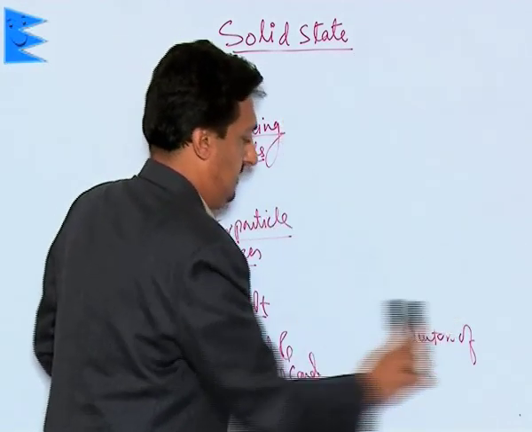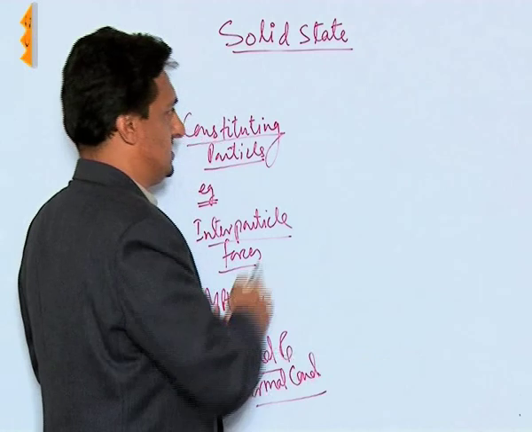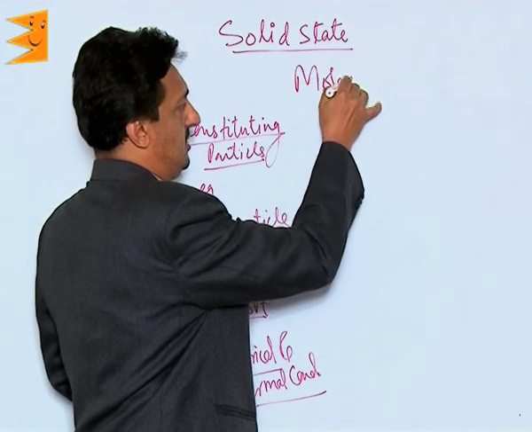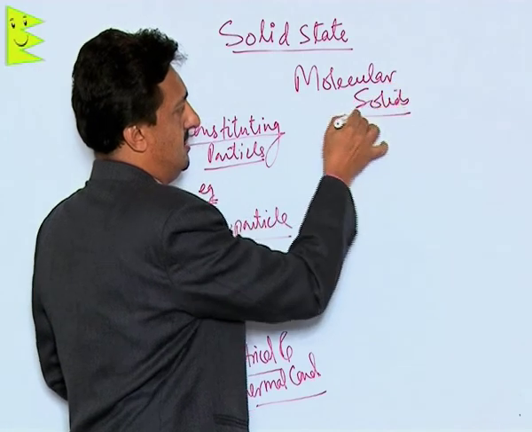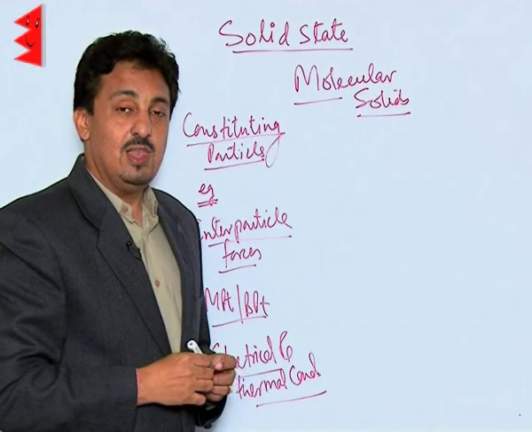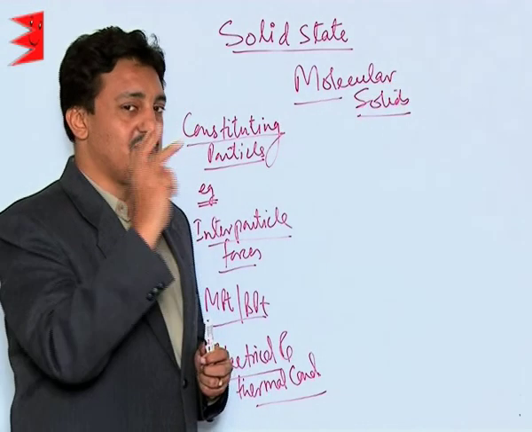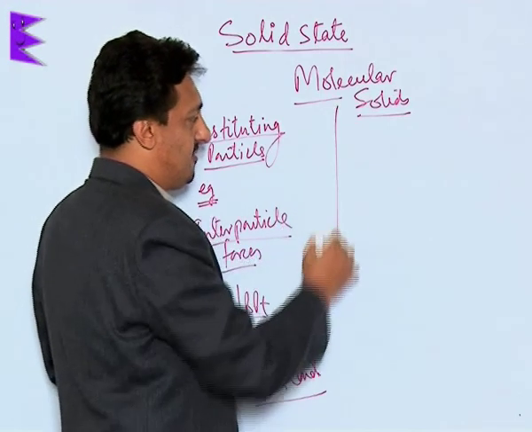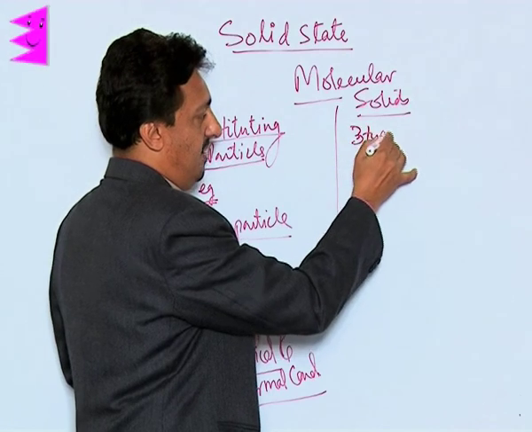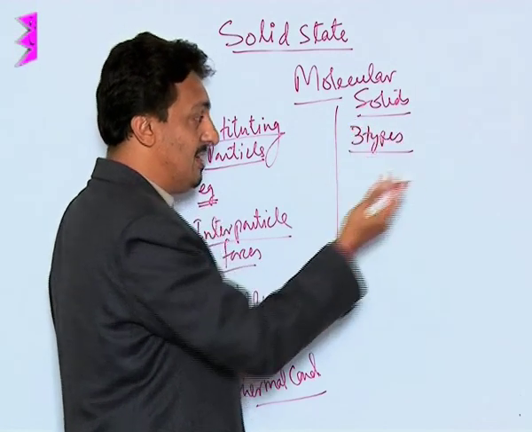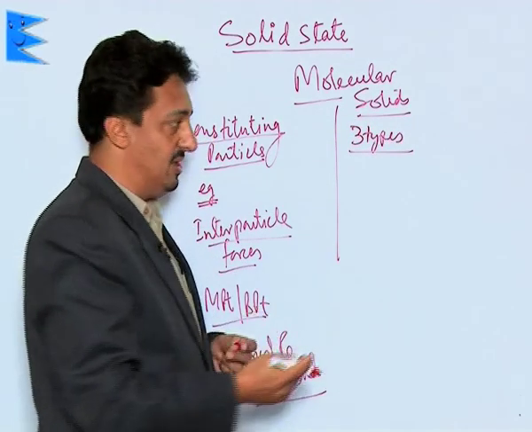But what is important to note here is, when we start molecular solids, we need to understand molecular solids itself are of three types, and the three types of molecular solids are on the basis of the types of molecules which are present as the constituting particles.